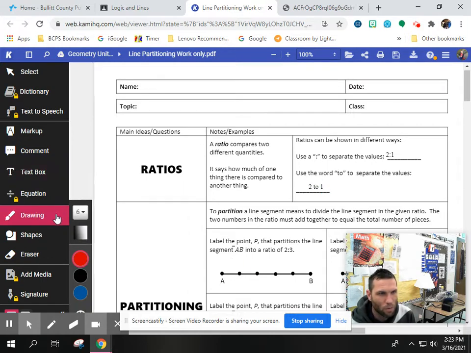The first part says let's partition this into 2-to-3. Luckily there are 5 segments of the line, so you just partition out 2 of the segments. That's 2 to 3, and that would be point P right there.